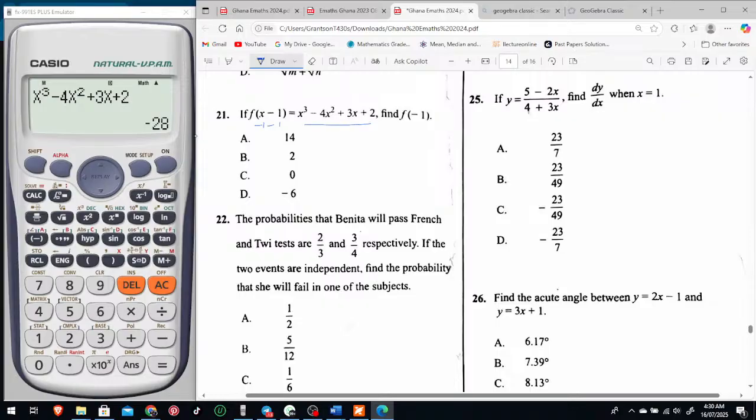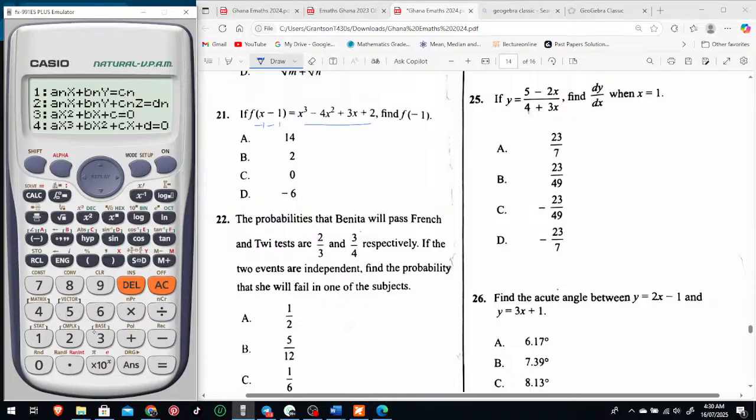So this was what I was thinking. Why don't I factorize this one, with mode 5, 3. I get 1, negative 4, positive 3, and 2. Mode 5, 4. So 1, negative 4, 3, and 2.